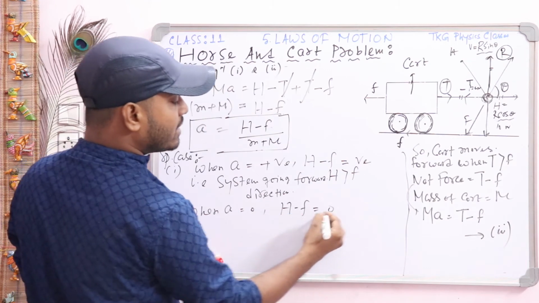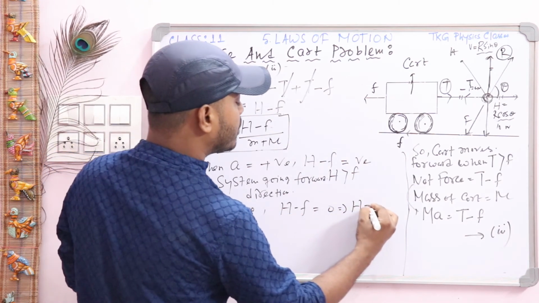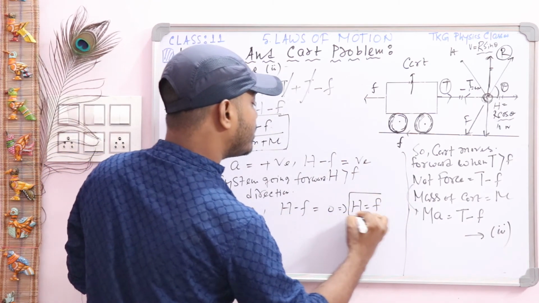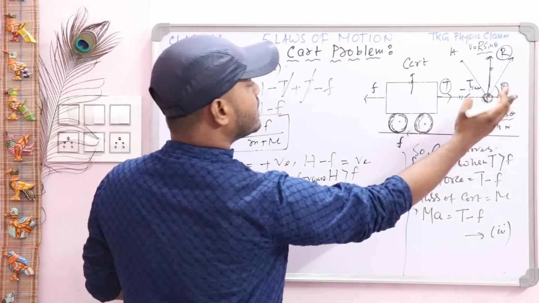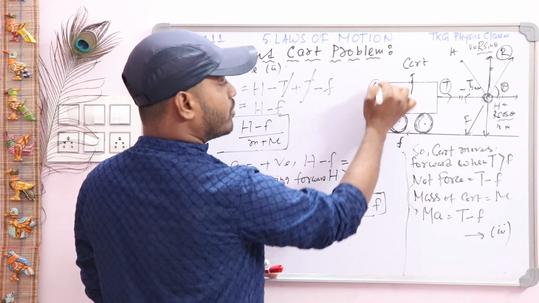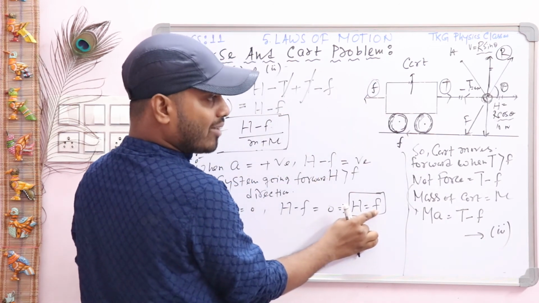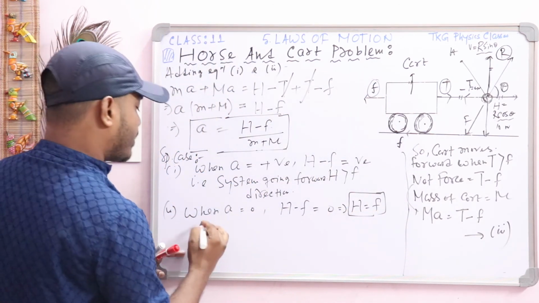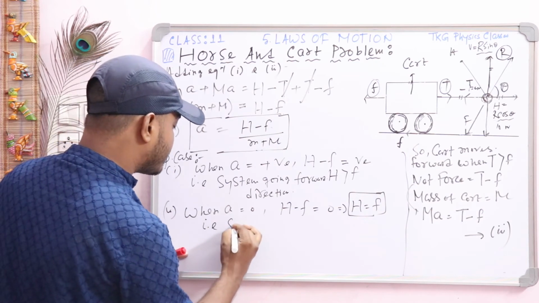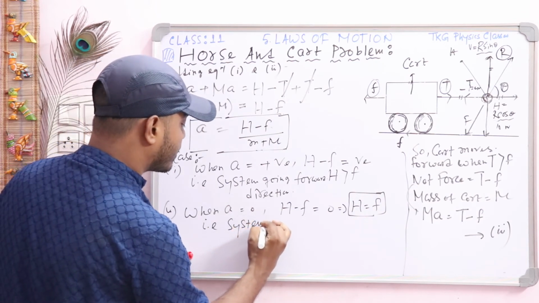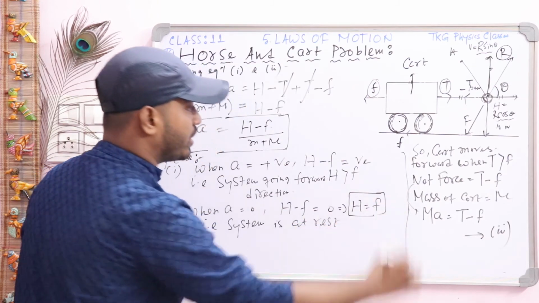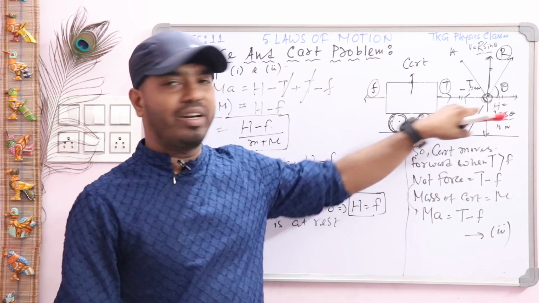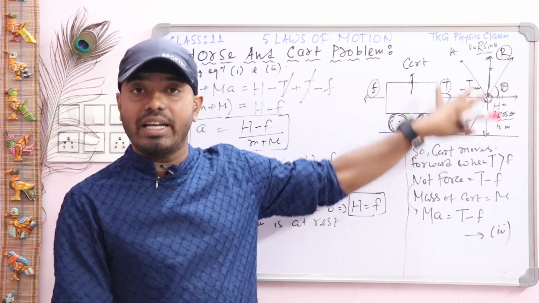So H minus F 0, that means H is equal to F. So acceleration 0, that means H equal to F. And what is the meaning of it? That is the system is at rest condition. Okay, no one is moving, the system is under rest condition.